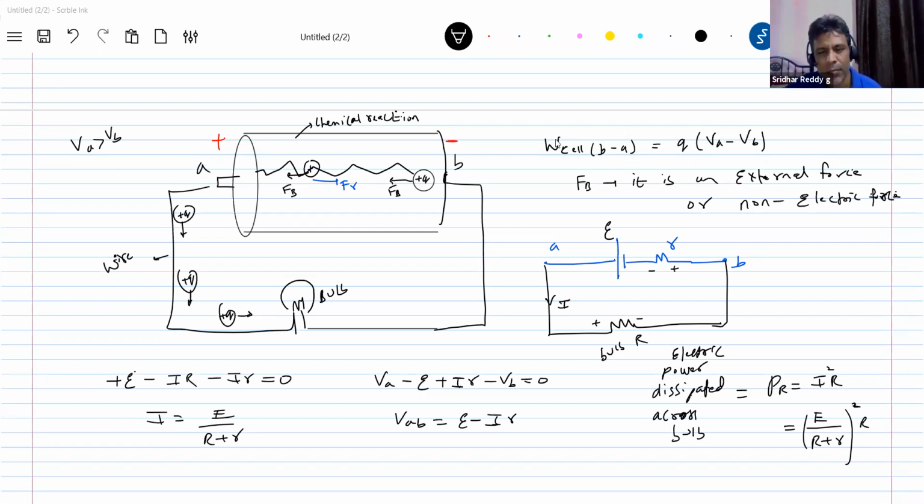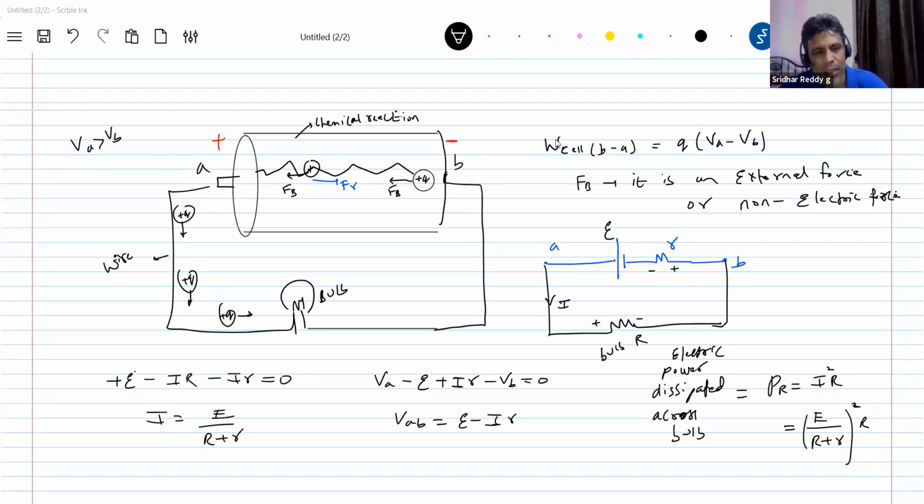Earlier in the case of the ideal cell, in the work done by the cell, there was no opposition for the flow of charge. Practically, opposition occurs. A part of the work done by the cell has to be utilized to overcome that resistance. You know enough electrostatics, no? Multiply Q into potential difference, you get energy. So Q into E is the work done by the cell.